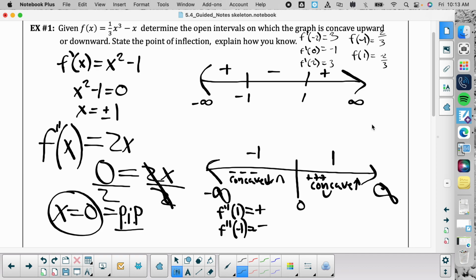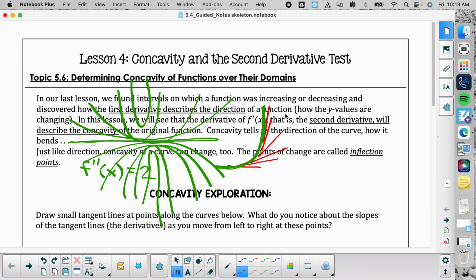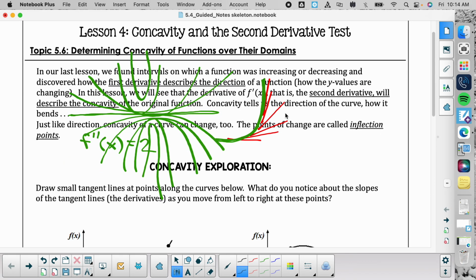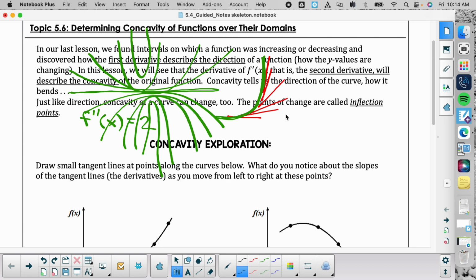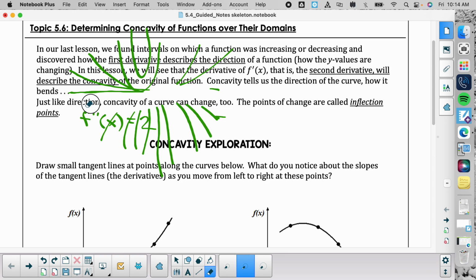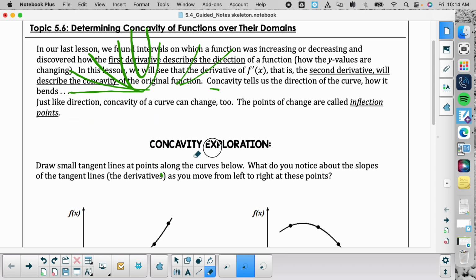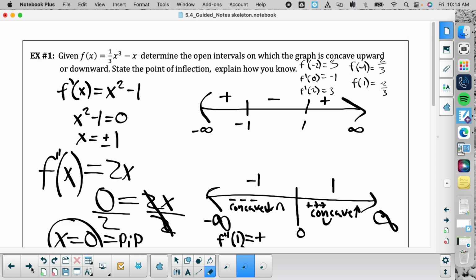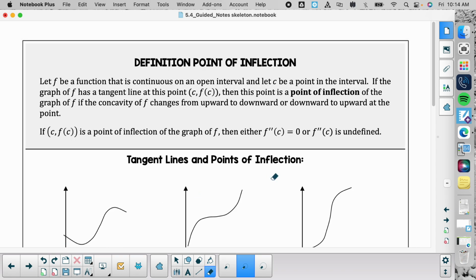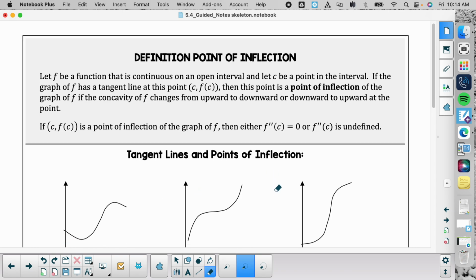I believe on the previous page somewhere. Oh, you know what? I think it's actually on the third page of your notes, the actual definition, if I remember right.